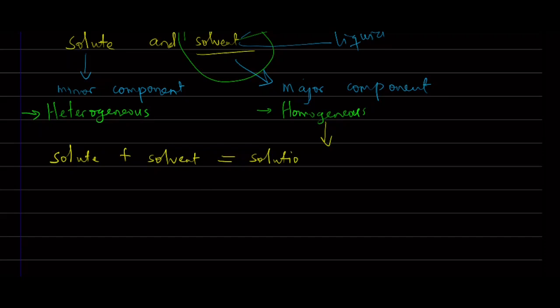What's now the difference between concentration of solution and simply solution? Concentration of solution is defined as the amount of solute, which can either be in grams or mole, that is dissolved in a specific volume of solvent, either in liter or dm³.